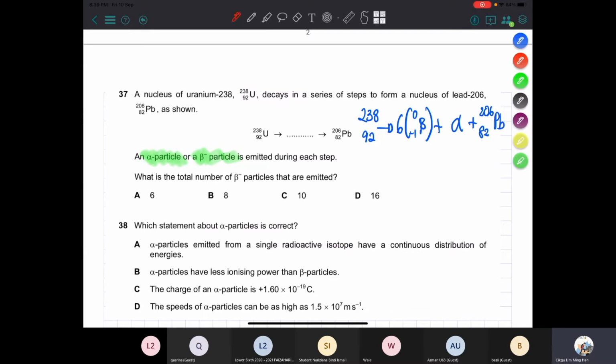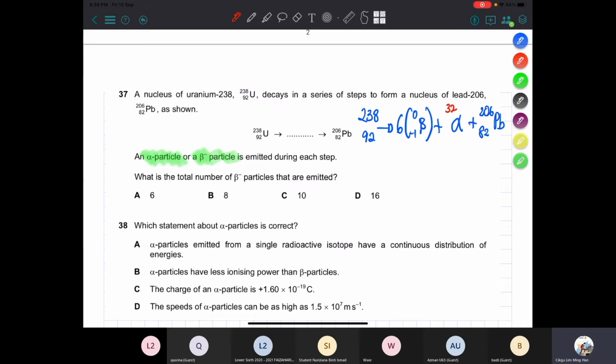So I do my maths now. 238 minus 206 is 32.